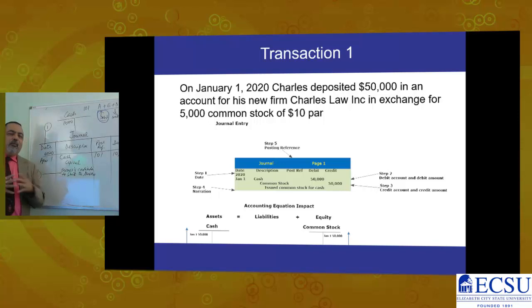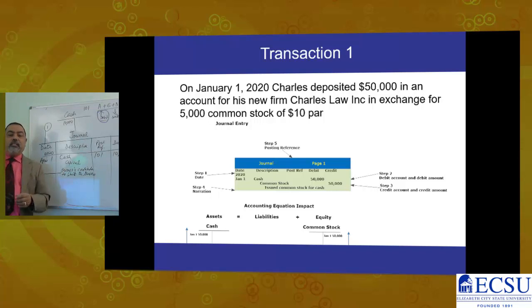Anyway, we'll always be counting the number of the stock and then the value, so multiply that to get the total amount. So that's how we'll get that 5,000 times 10 will be 50,000. Sometimes they don't give you that 50,000, they'll just give you that 5,000 common stock of 10. You'll have to calculate and find out.